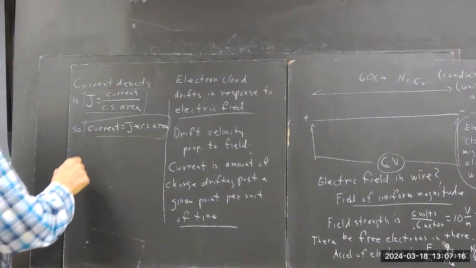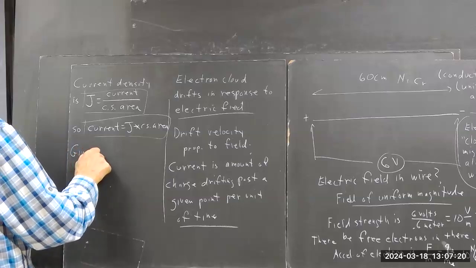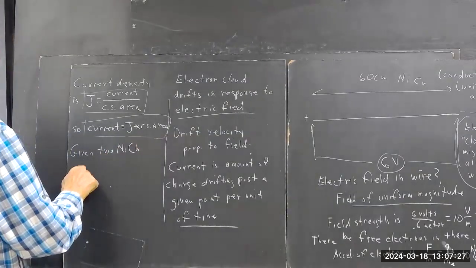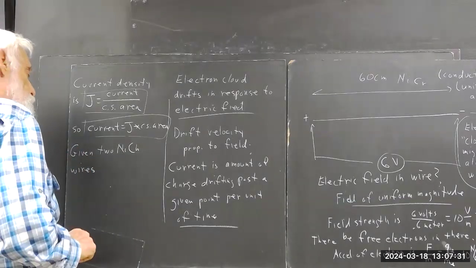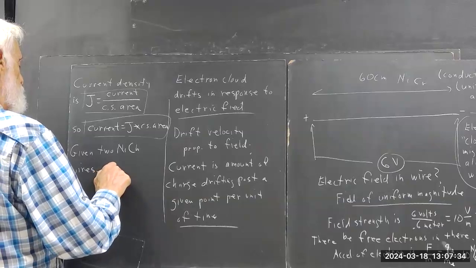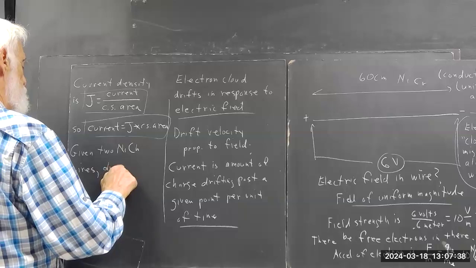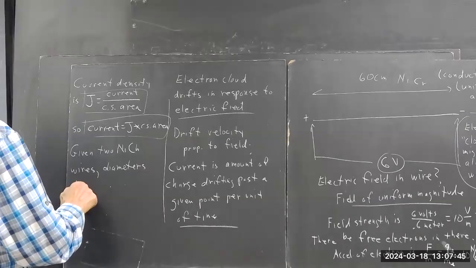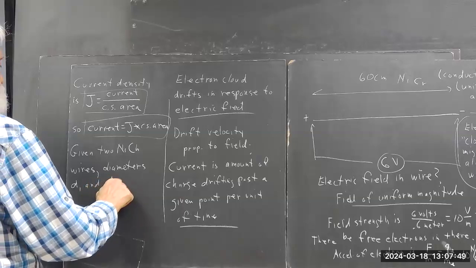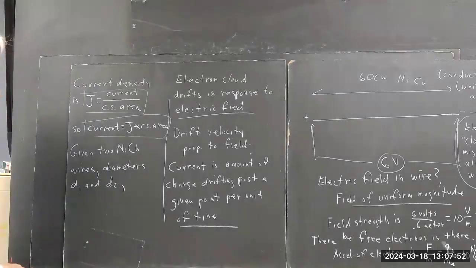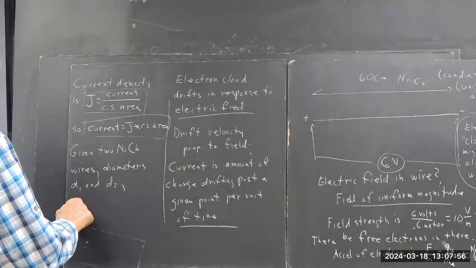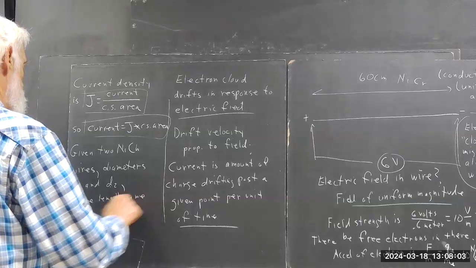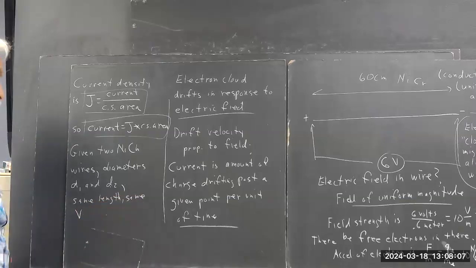So now say I'm given two nichrome wires, with diameters D1 and D2. Same length, same potential difference.